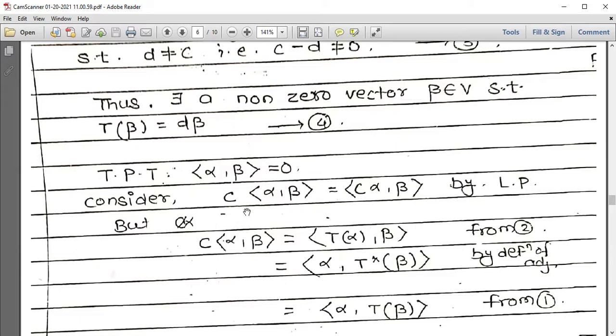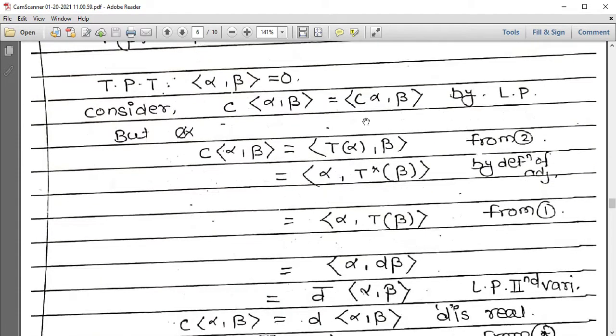Consider C into inner product of alpha and beta, which is equal to the inner product of C alpha and beta by the linearity property of inner product. But C alpha is equal to T alpha. So the inner product of T alpha and beta, from equation number 2, is equal to the inner product of alpha and T star of beta by the definition of adjoint operator.